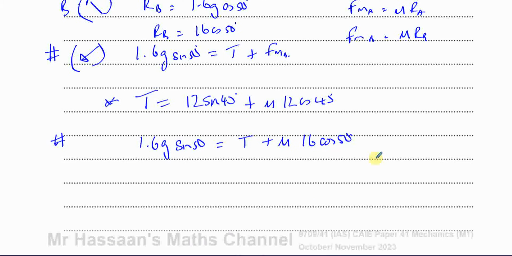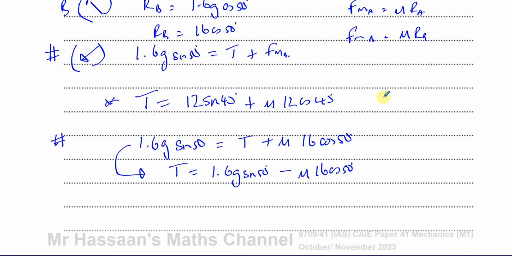So now we have two equations with the same mu and the same T. We can now solve it. From this equation, I can say that T is equal to 1.6g sine 50 minus mu times 16 cosine 50.